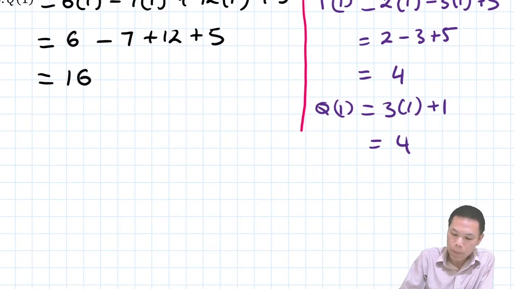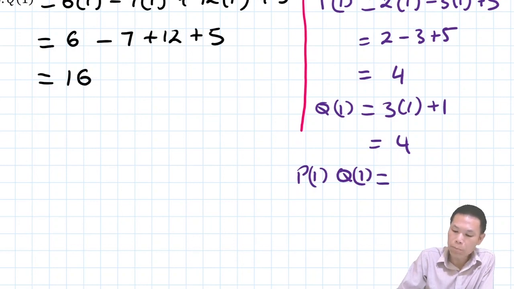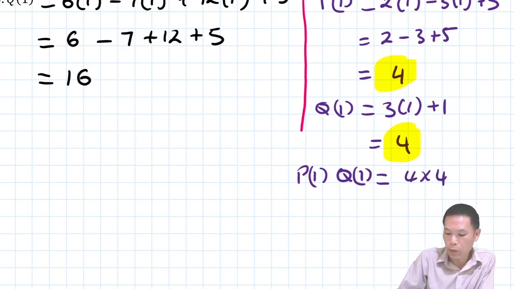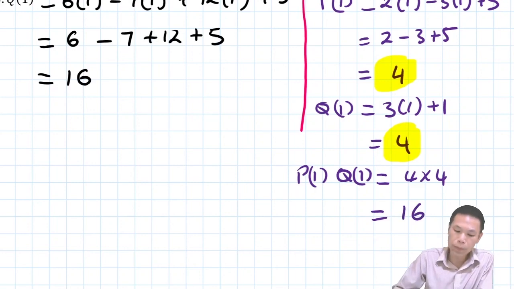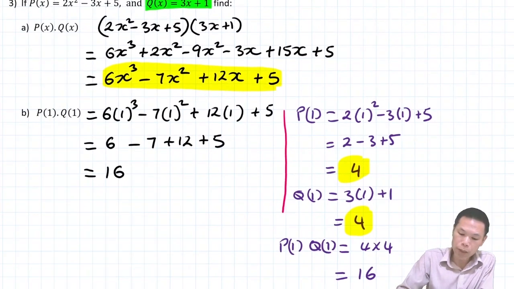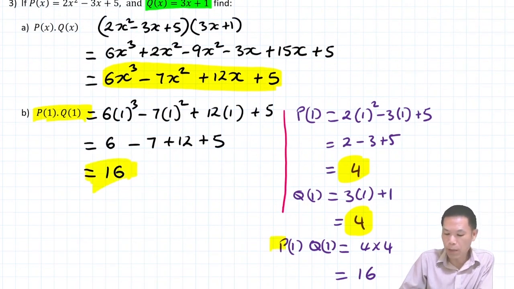So now p of 1 times q of 1: p of 1 is this and q of 1 is this, so we just times them together. Which is 4 times 4, which is equal to 16. There you go. So p of 1 times q of 1 is 16 here, matching the 16 from before.